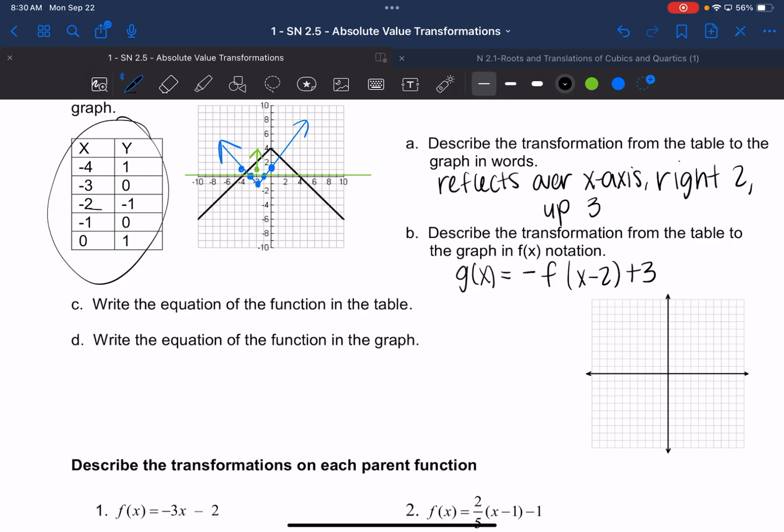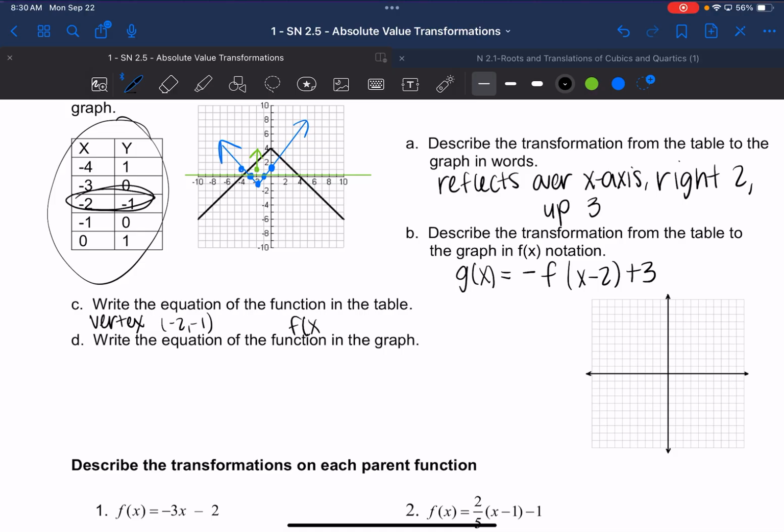-2, -1. This one right here. Okay, so your vertex was -2, -1. So if you're going to write your equation, or I guess this one's f of x because it's the first one, sorry.